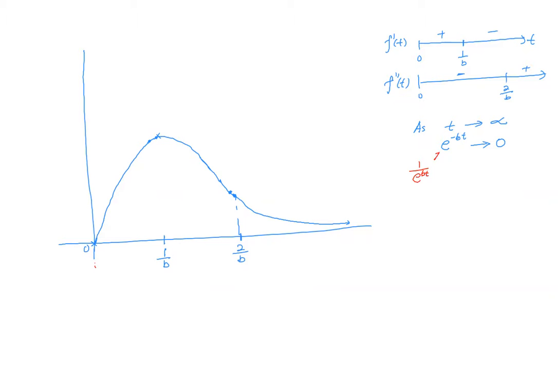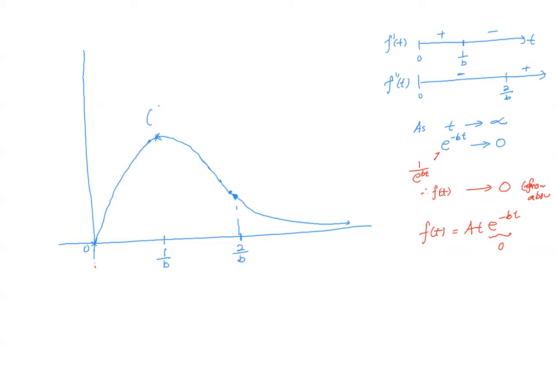So therefore f(t) will approach zero, because f(t) is a t e to the power negative bt. This one approaches zero, correct? So anything times zero will go to zero, but this is from above. That's why the graph goes this way. See or not? So these are the important features.